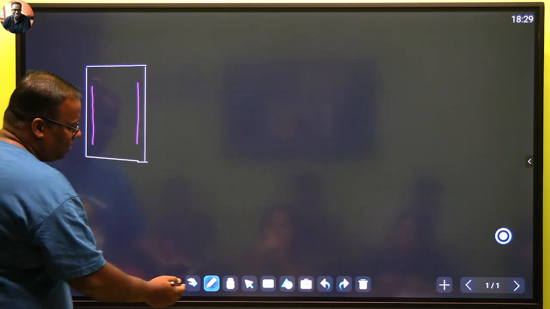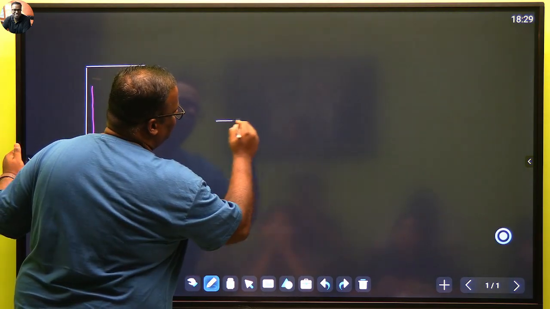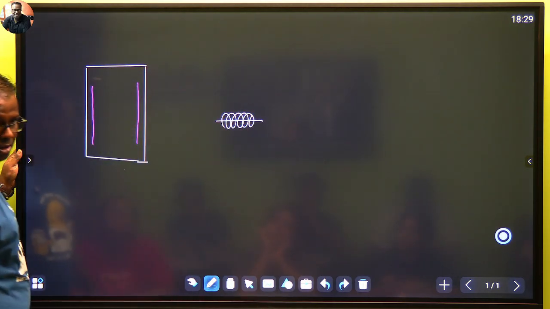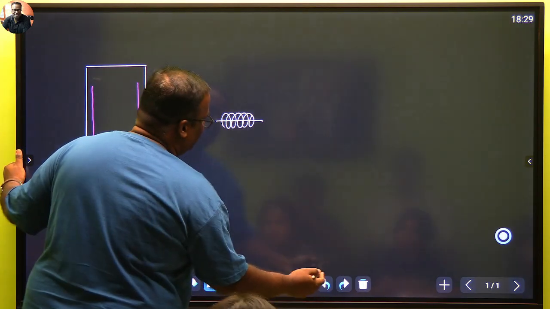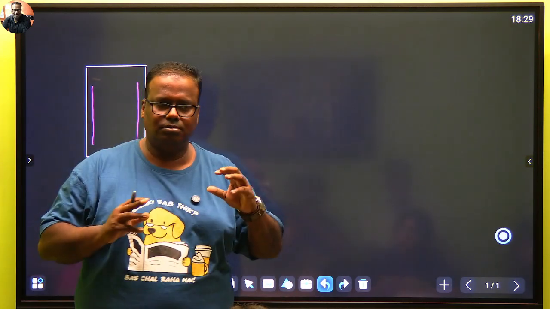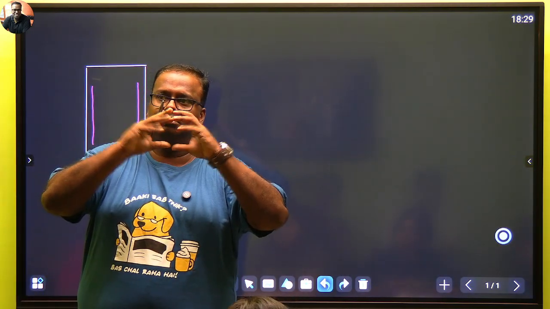Now, then we will have one electromagnet. Now how will our electromagnet be? Our electromagnet will be like this. This is like an electromagnet, but we will make it in style. Look here. We'll make it in style. We won't make it like that, because that won't do our work. Have you seen roller pulleys?